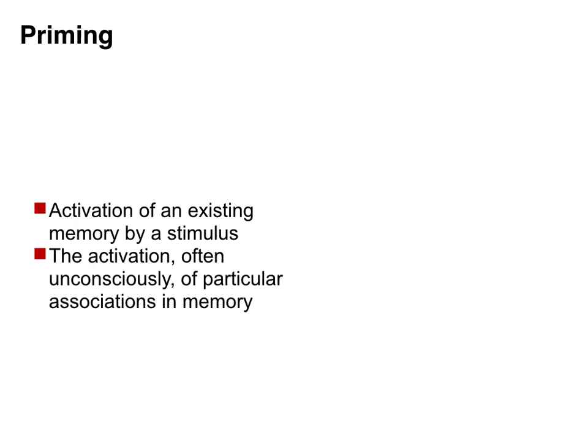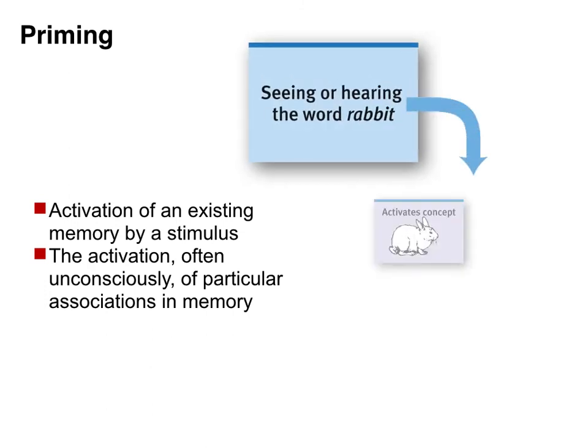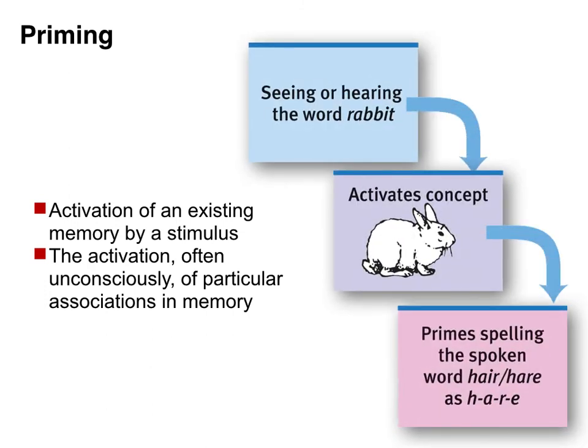Other ways that we can access memory or increase memory or change memory, one of these is priming. Priming is when we activate an existing memory by a stimulus, and then that can unconsciously change what we're going to associate it with later. A good example would be you hear or see the word rabbit. This activates this little picture, this idea of what a rabbit is. Later I give you the word hare.